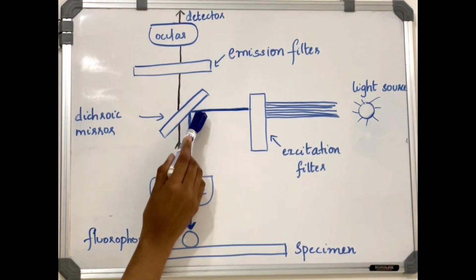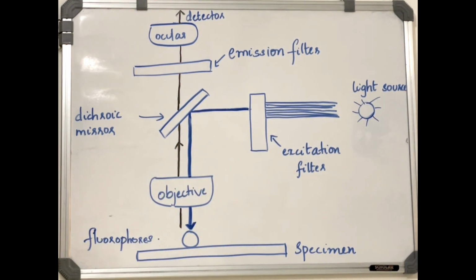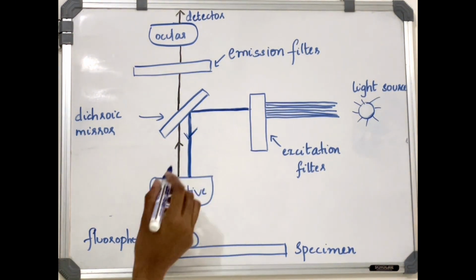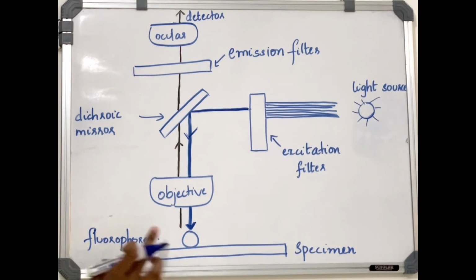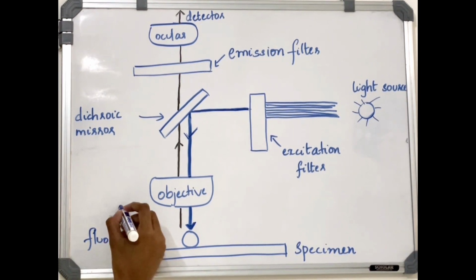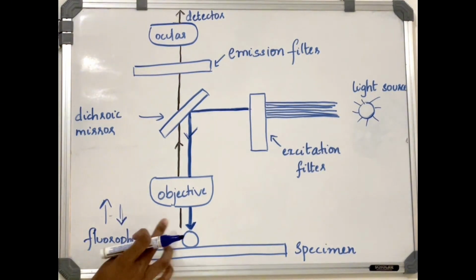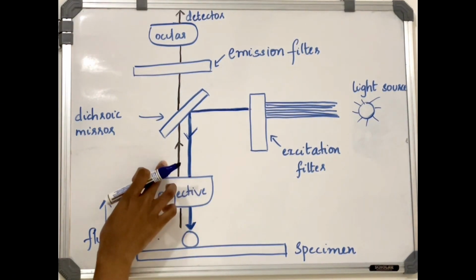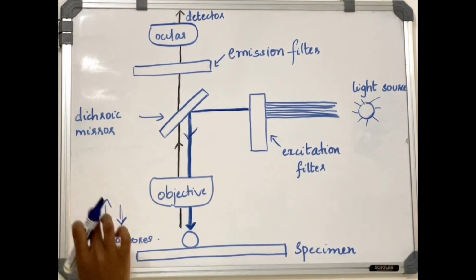The light passes through and the dichroic mirror reflects that light, and the objective lens focuses that light onto the fluorophore-labeled sample. Then the fluorophore absorbs the short wavelength light rays and emits longer wavelength light rays. This long wavelength light passes through the objective lens, and the dichroic mirror transmits that light and it reaches the emission filter.